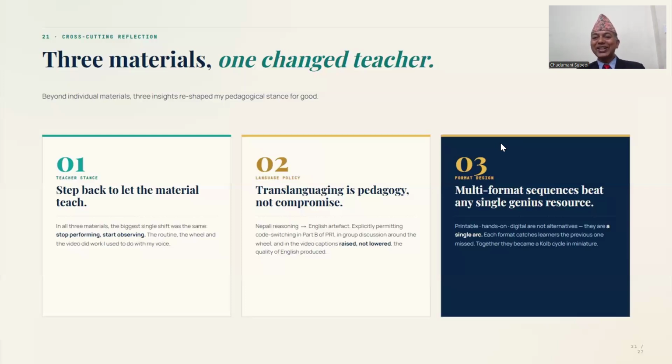How can we integrate them in learning? They are a single arc. Each format catches learners the previous one missed. Together they became a Kolb cycle in miniature.